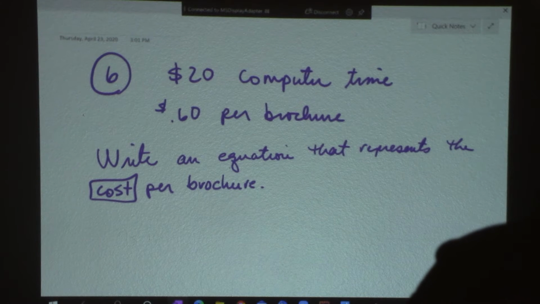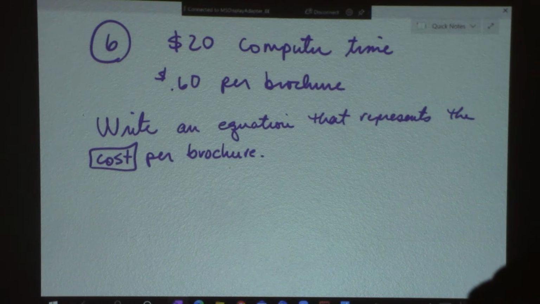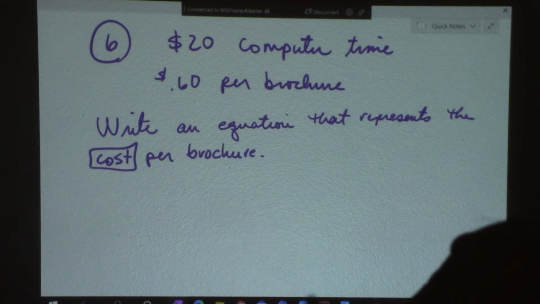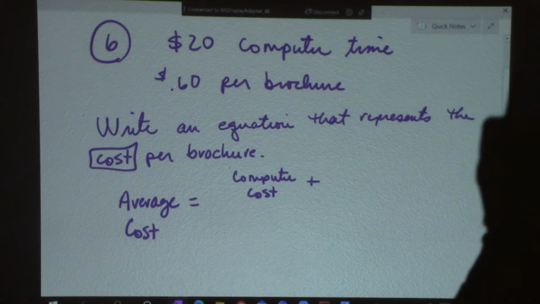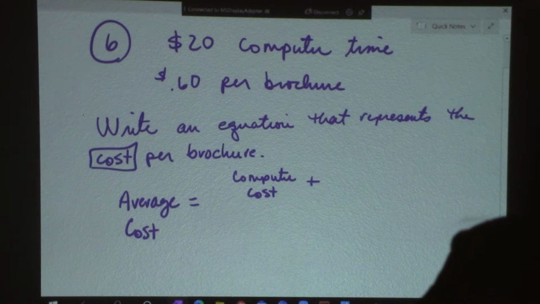So let's talk about the cost. My average cost is going to be the computer time. So my computer time cost plus my total cost per brochure.